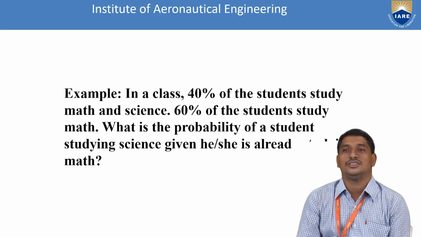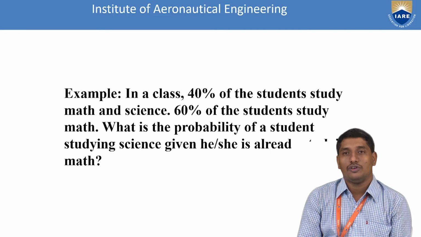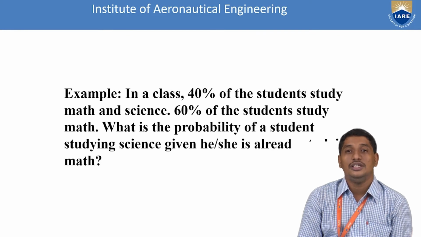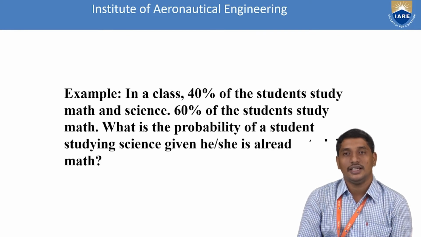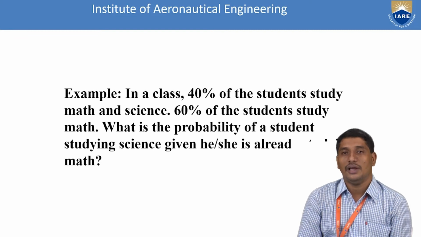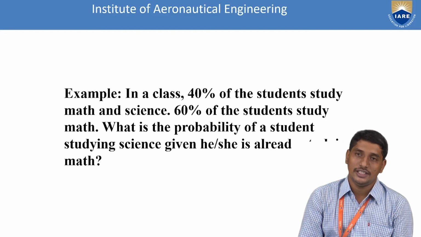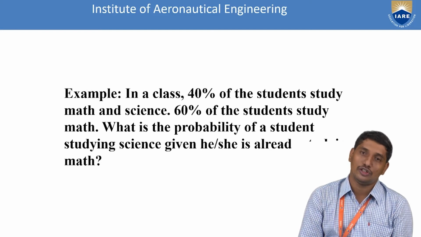what is the probability that he is also good in mathematics? That means here two events are happening one after the other. The event that happened first is he is good in science, and the event going to happen later is he is good in mathematics. So under the condition that he is good in science, we have to calculate the probability that he is also good in mathematics.